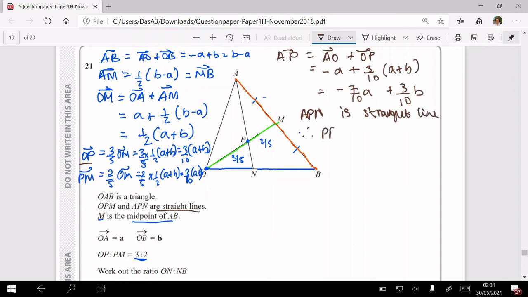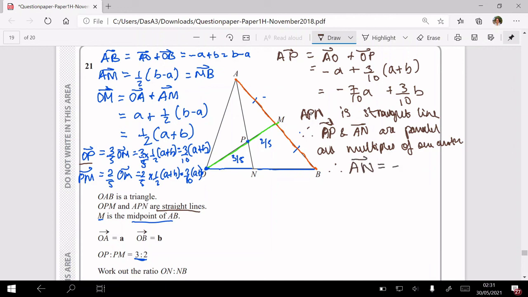Therefore, AP and AN are parallel and multiples of one another.